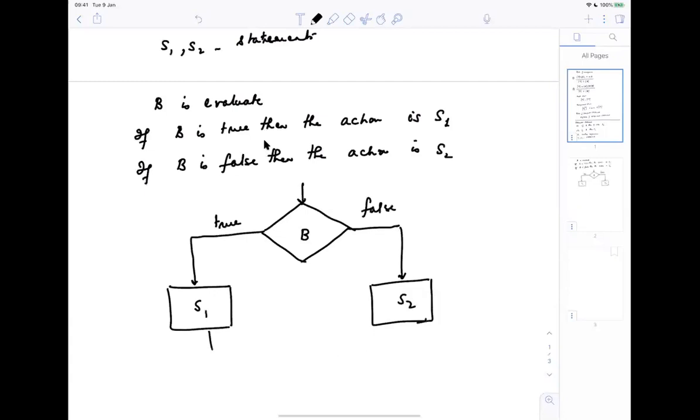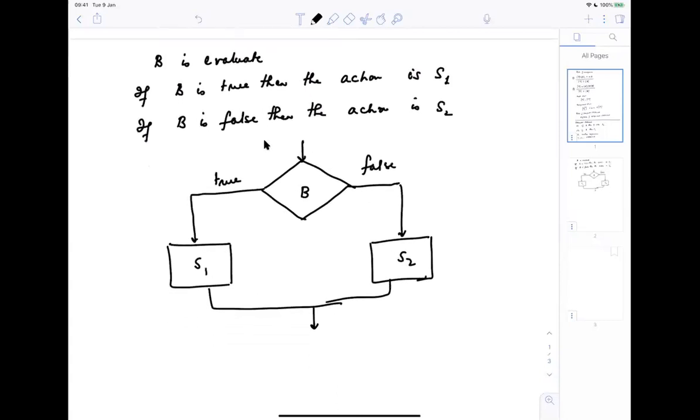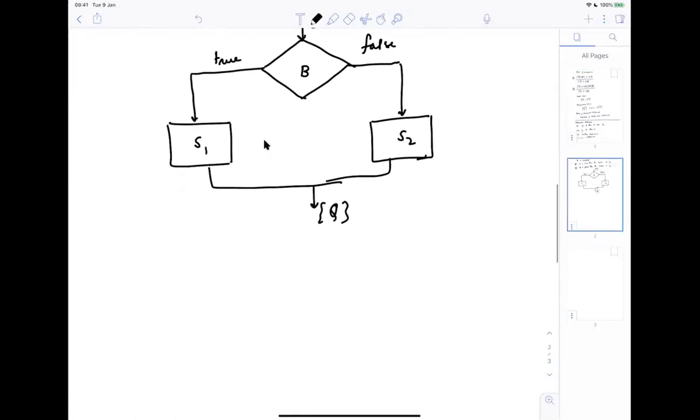Okay, and both will lead to the same point. So what do we have here? There is a P here which is true before the alternative statement is started, and there is an assertion Q here which becomes true after the alternative statement has been executed.